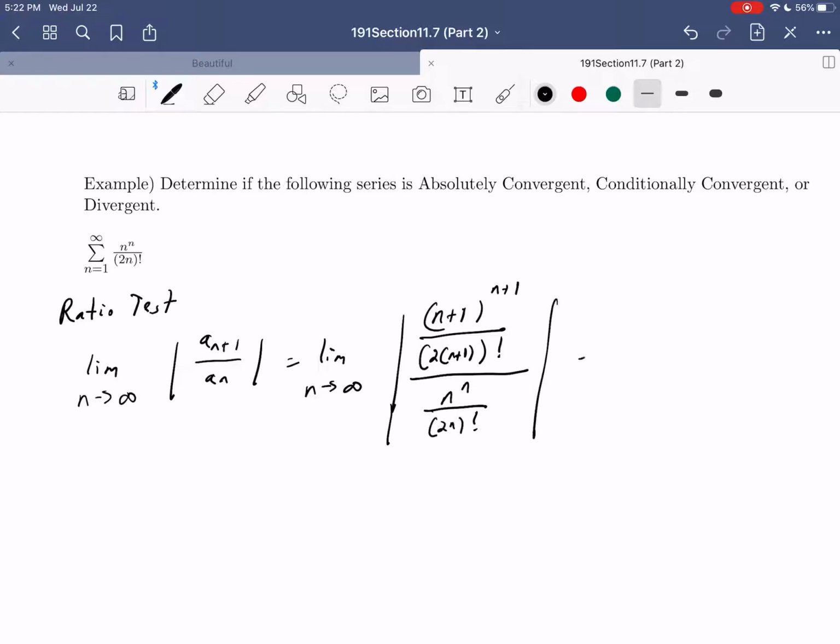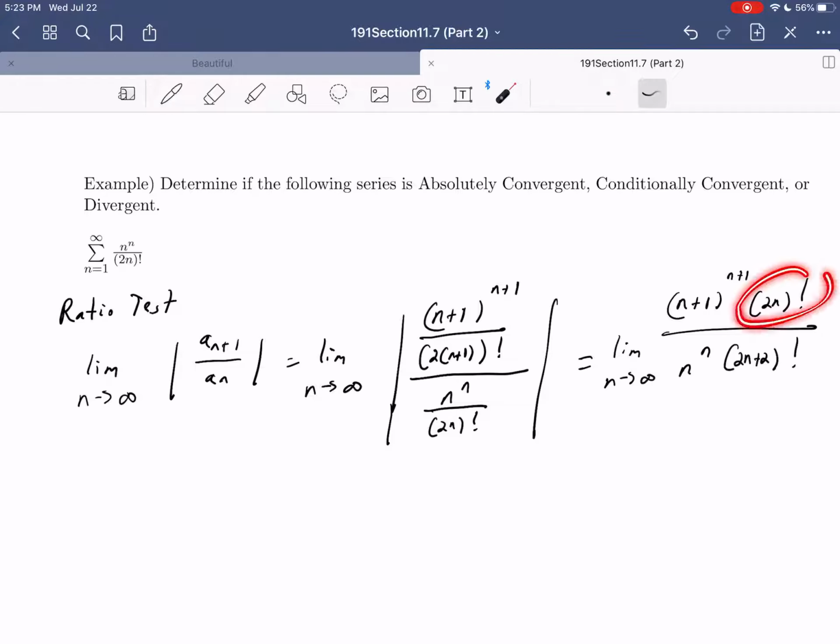Okay, let's go ahead and simplify. We'll also drop the absolute value bars here. So we have the limit as n goes to infinity of (n+1) to the n+1, 2n factorial over, in the denominator, n to the n. And if we simplify this, 2 times (n+1) is going to be 2n plus 2. So we have the 2n+2 factorial.